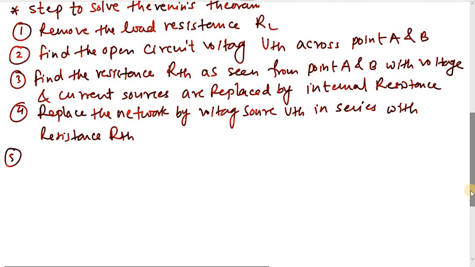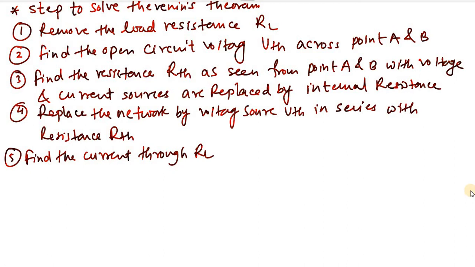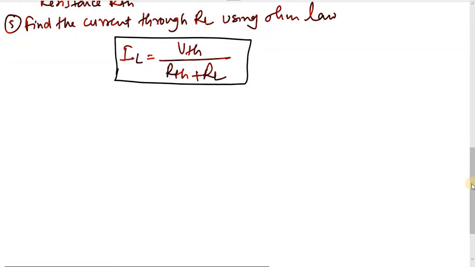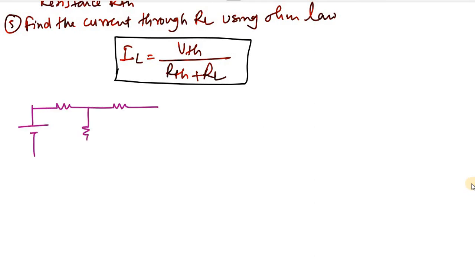Fifth, find the current through RL using Ohm's law, that is IL equals VTH upon RTH plus RL.